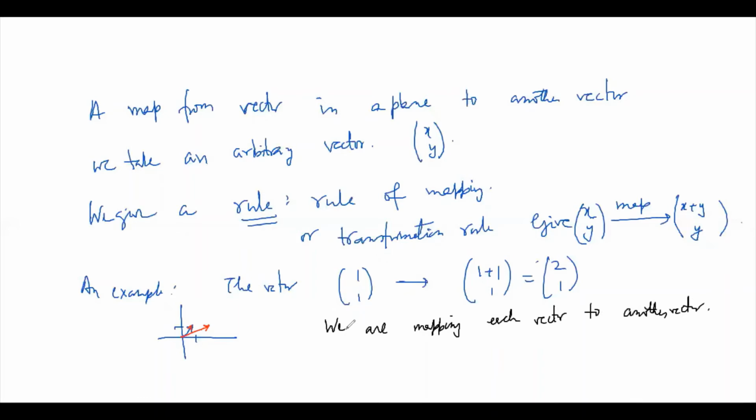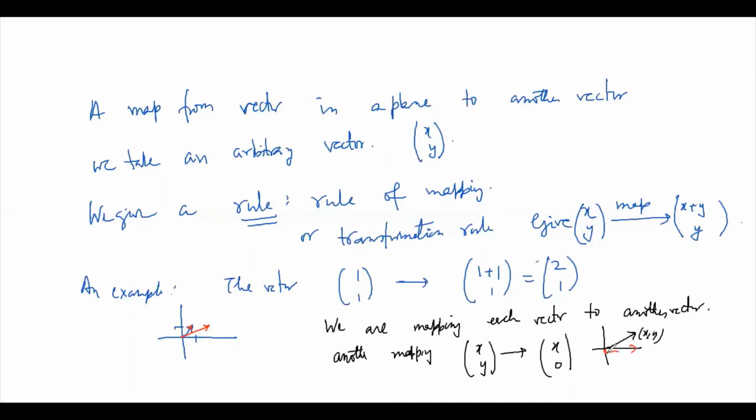So let's take another example of a mapping. Suppose (x, y) gets mapped to (x, 0). If you take a picture, this is the point (x, y), then the new, projected vector is here.